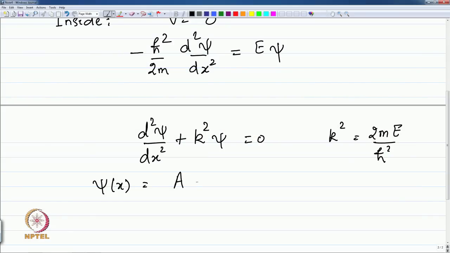We have a cos kx plus b sin kx, where a and b are arbitrary constants.